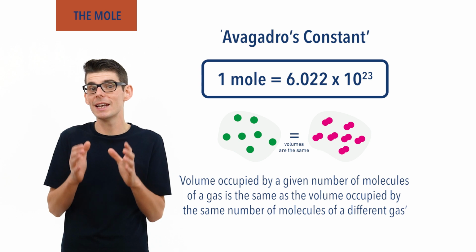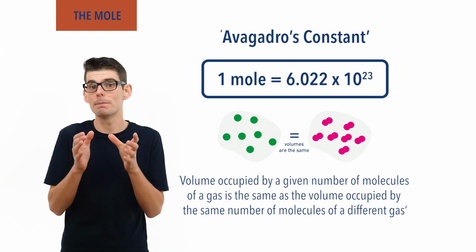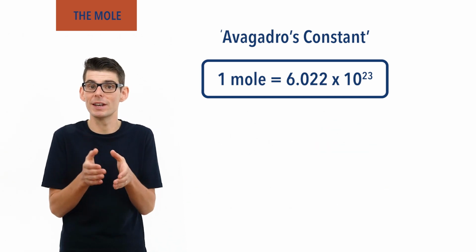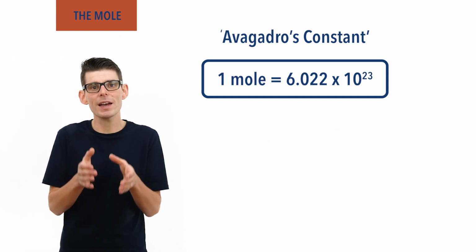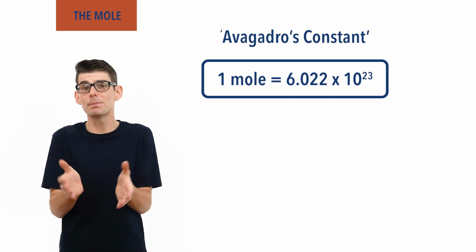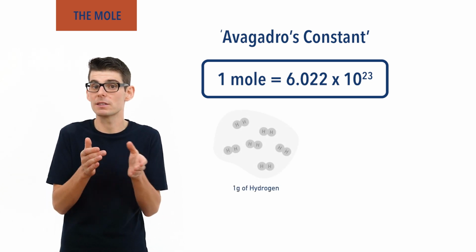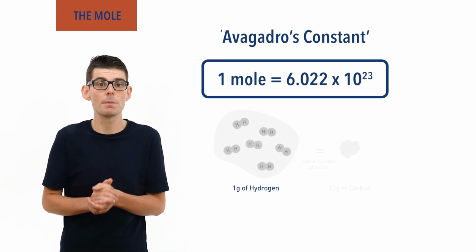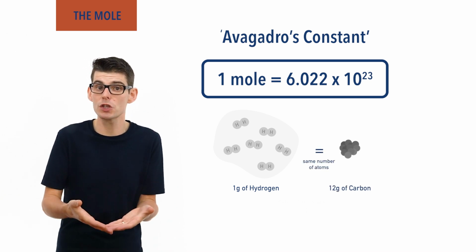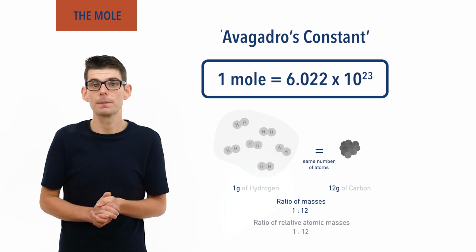This idea was later linked to relative atomic mass, and the link showed that if the masses of 2 samples were in the same ratio as their relative masses, the number of atoms in each sample would be the same. For example, in 1 gram of hydrogen, there is the same number of atoms as there are in 12 grams of carbon, as the masses of each sample are in the same ratio as their relative masses to each other, 1 to 12.